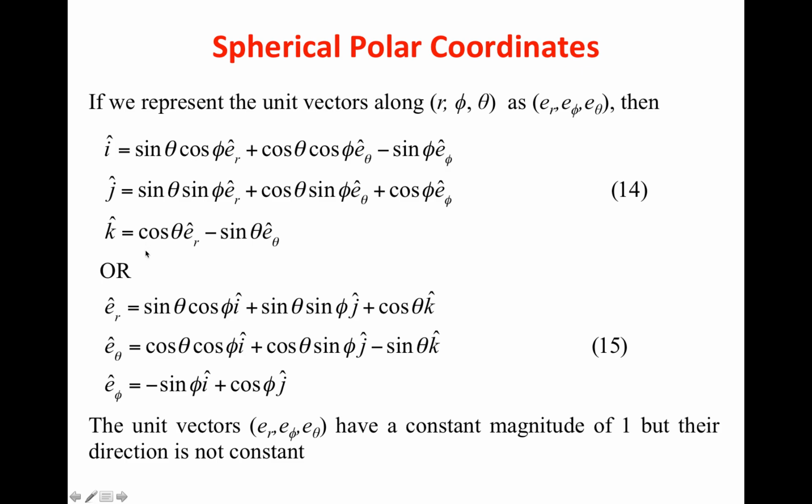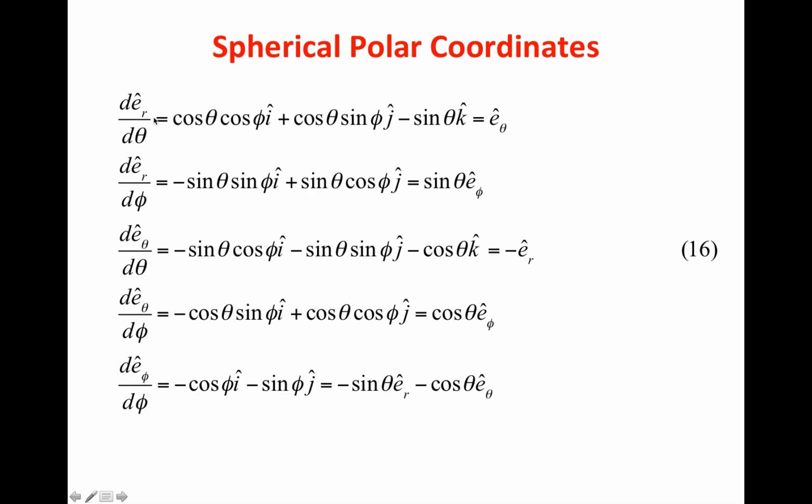Again, these unit vectors in the spherical polar coordinates have a constant magnitude of 1, but their direction is not constant. In this case, your unit vectors are functions of theta and phi. Of course, they are independent of r, so their change with respect to r will be 0, but their change with respect to theta and phi is something that we can find out by simple derivatives.